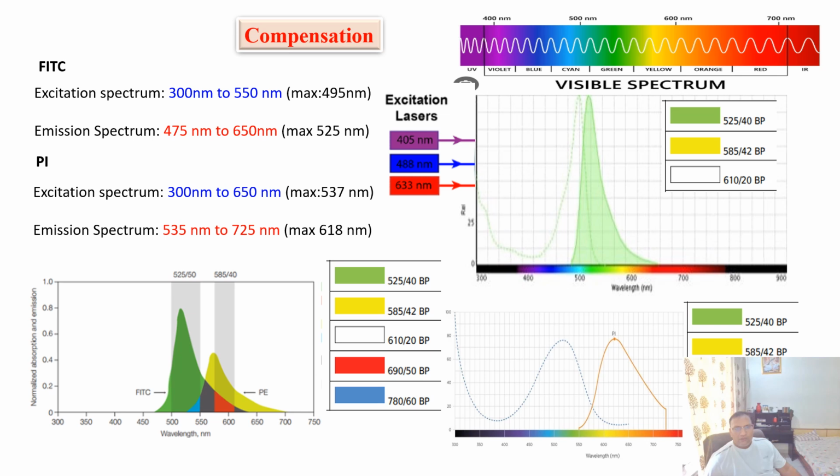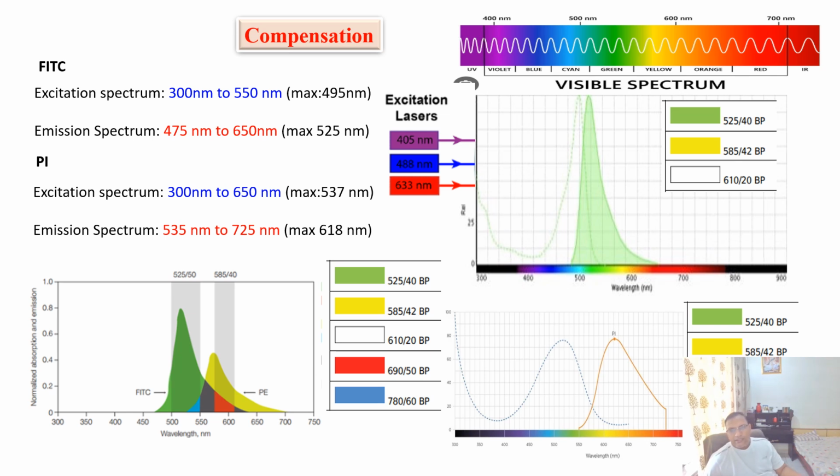Once we take 585 minus 21, it comes into this range. The FITC emission spectrum extends to around 650, so when you add 585 plus 21, this wavelength of 650 may be detected by this one.